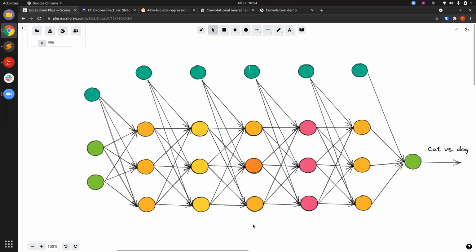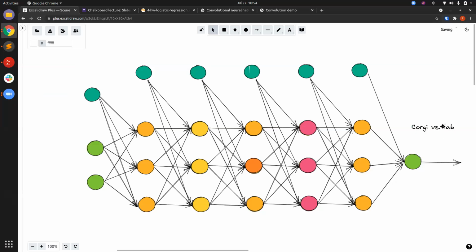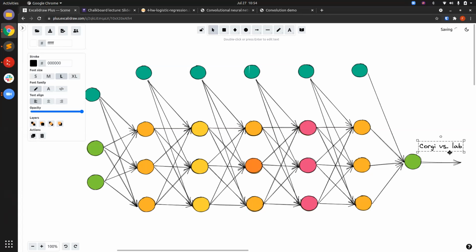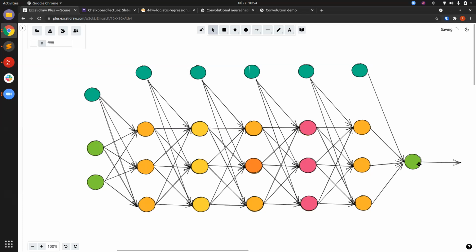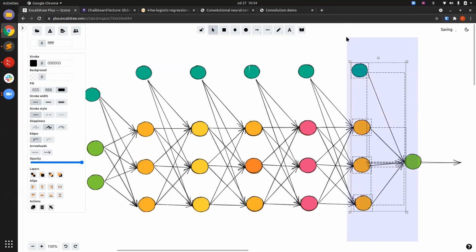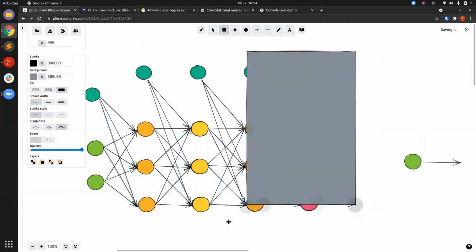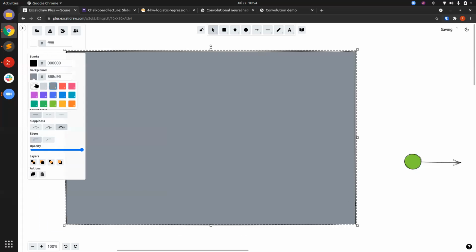So what if I now want to distinguish between different breeds of dogs? A lot of the features that I learned for distinguishing cat versus dog are going to be very relevant for this classification task as well. So what if I take my cat versus dog network, and I'm just going to take this part of the network, and I'm going to freeze it.